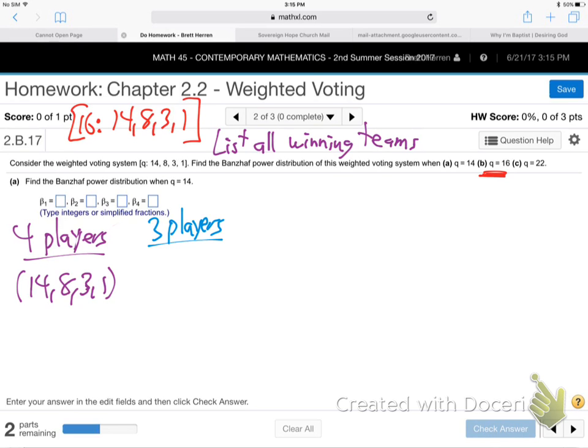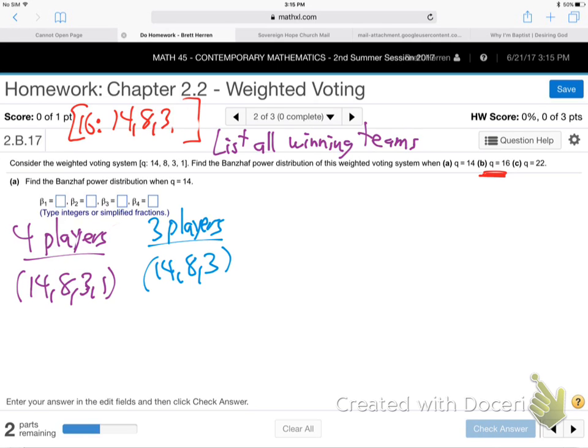All right, so the 3-player. Remember, how is it that you list all the 3-player teams? You just cover up one at a time. For example, you can just use your finger if you want. If you just cover up the 1, you've got 14, 8, 3. You with me?